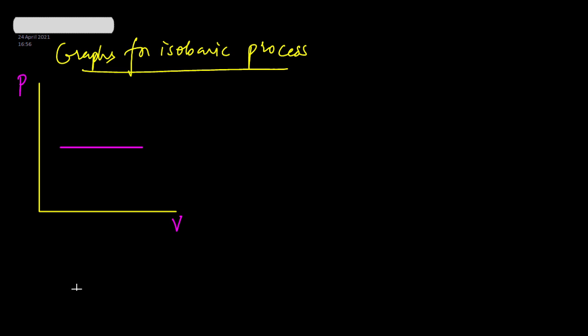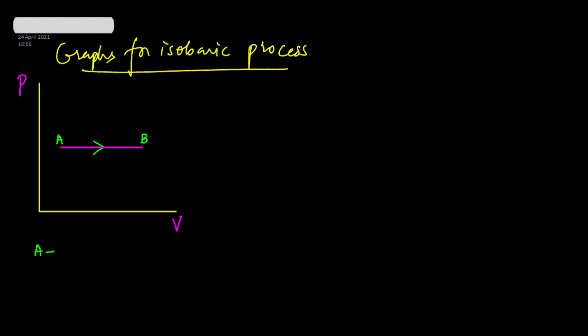Okay, and suppose we are talking about expansion. Okay, so this arrow is called expansion. Why expansion? Volume will increase. Okay, you can write A B here.